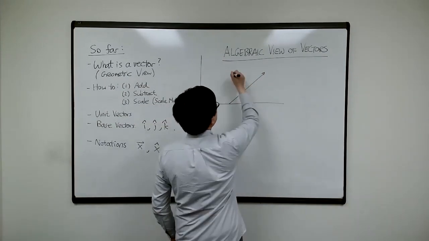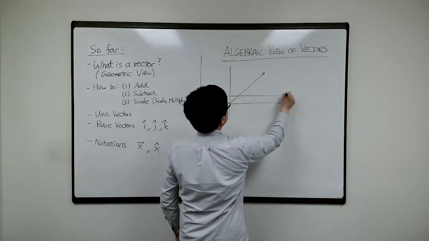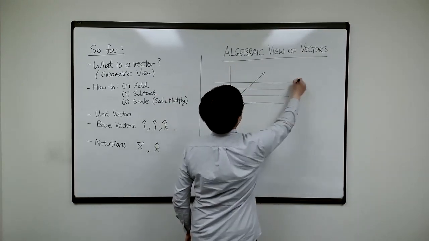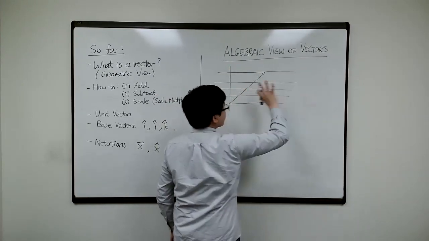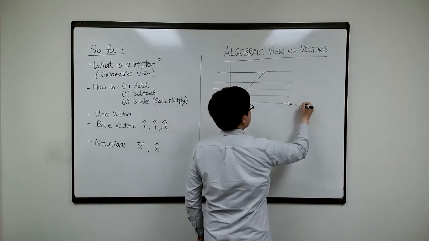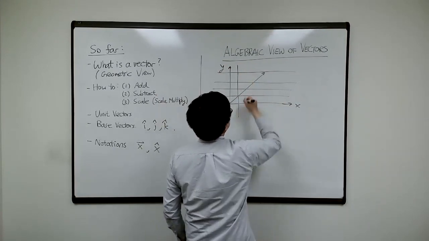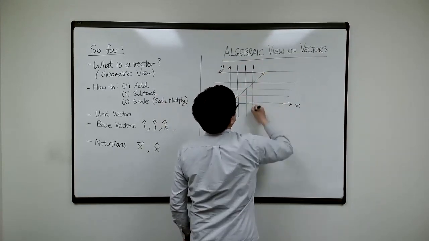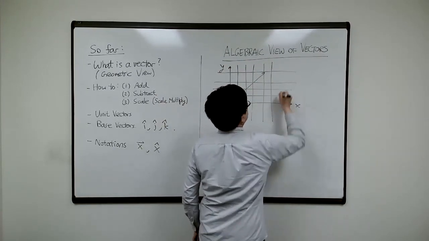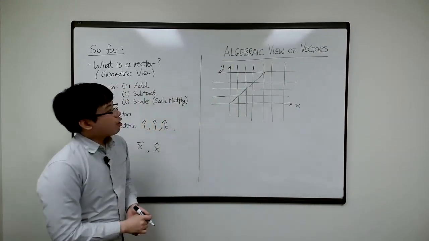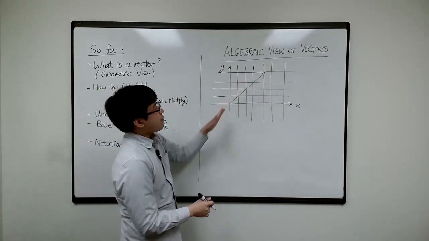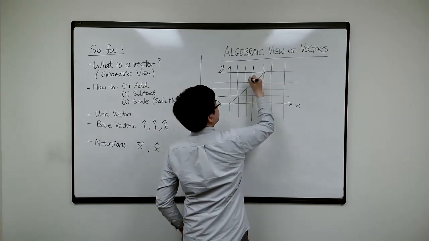So let's put this on a coordinate system. I'll draw some grids here. This is the X direction, this is the Y direction. Okay, this is my vector, let's call it A.